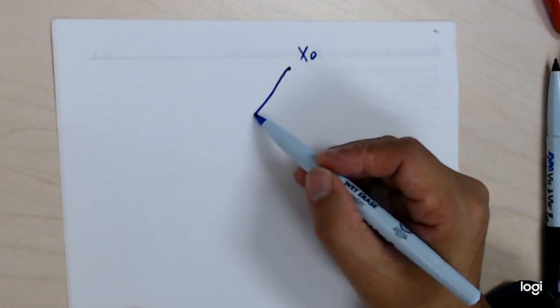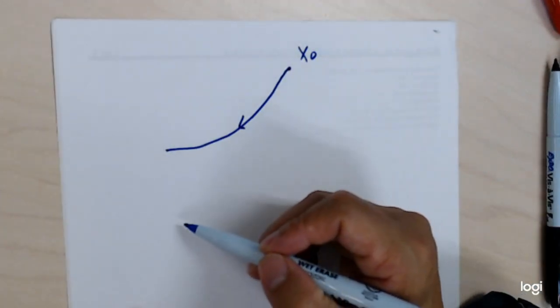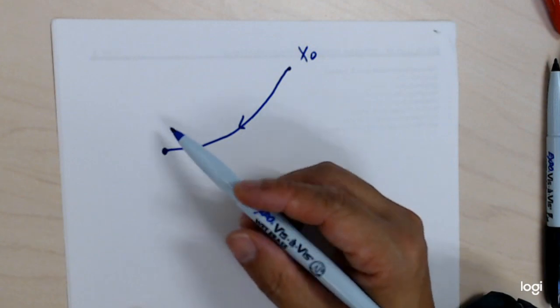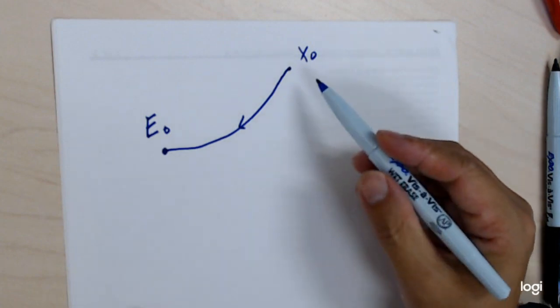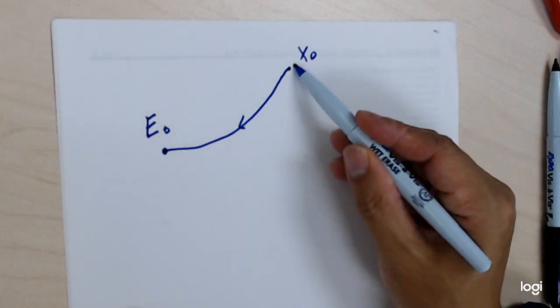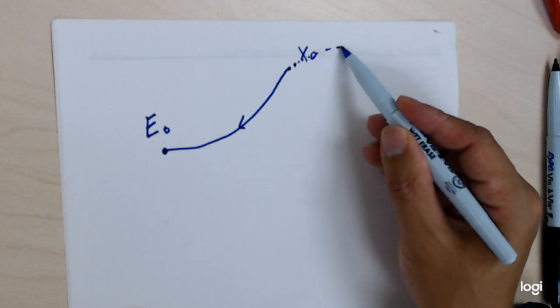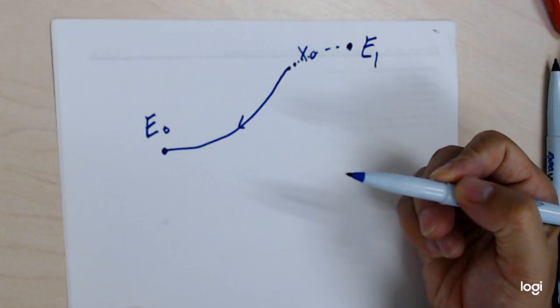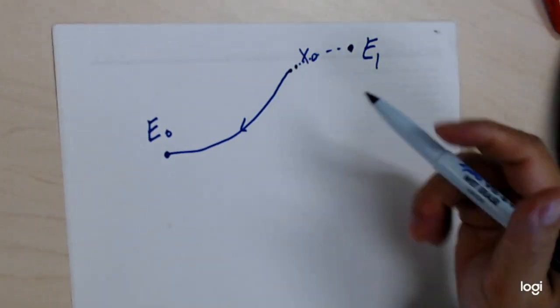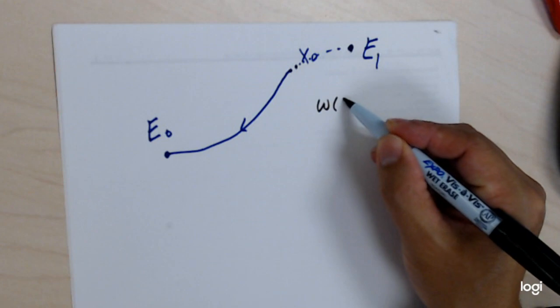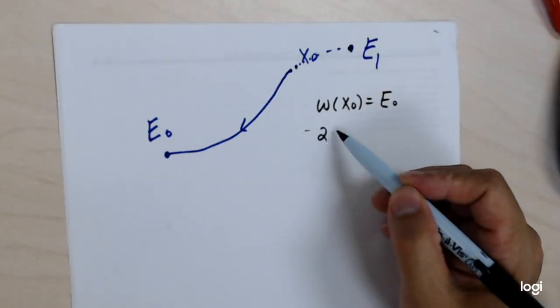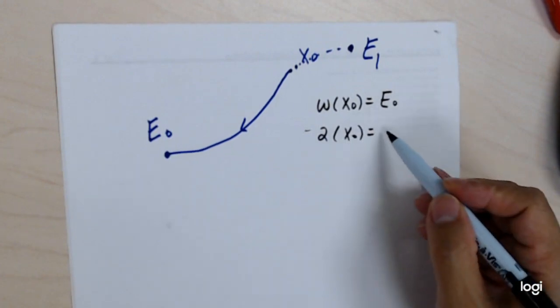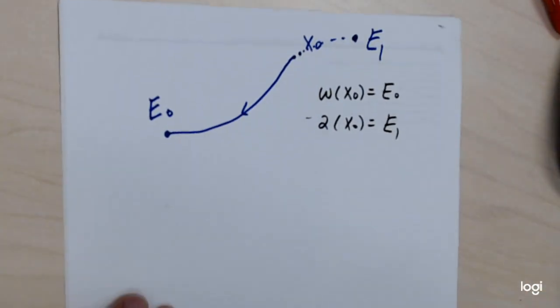As time t goes to infinity, let's say this is how the trajectory looks, and it could move into an equilibrium that I call, say, E naught. The other half of the trajectory, going backwards in time, could come from a different equilibrium. Then for this trajectory, the omega limit set will be the point E naught, because that's the only point. The alpha limit set will be another equilibrium, E1.